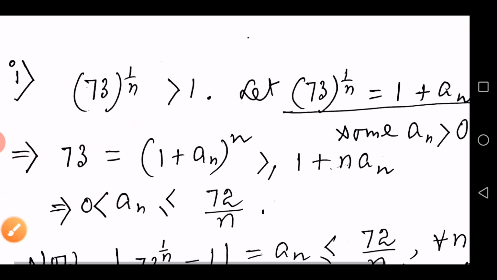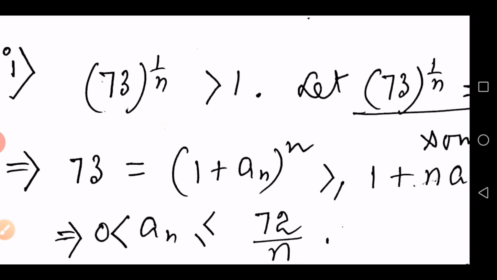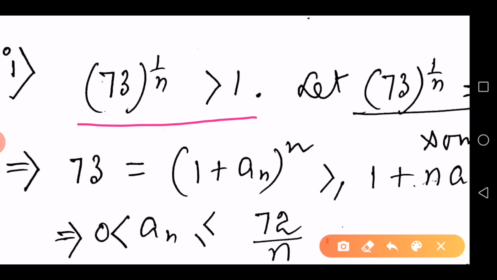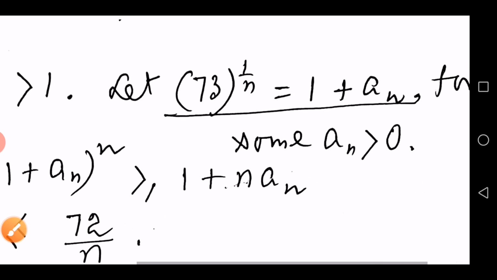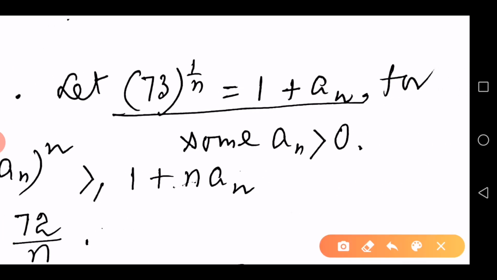As we know, 73 is greater than 1. Therefore, nth root of 73, that is 73 to the power 1 by n, is also greater than 1. We assume 73 to the power 1 by n is equal to 1 plus an for some an greater than 0.